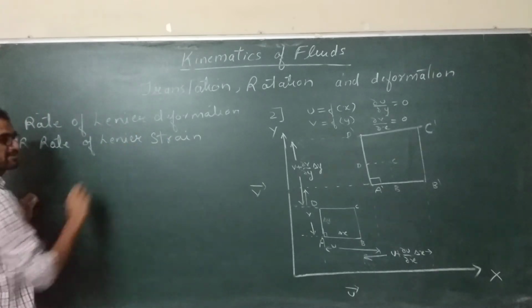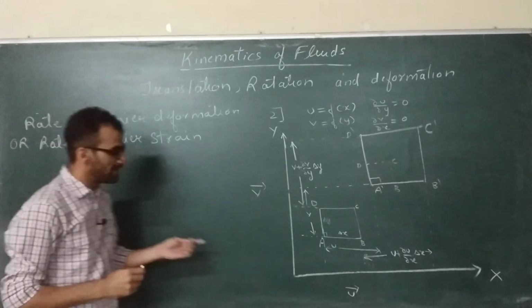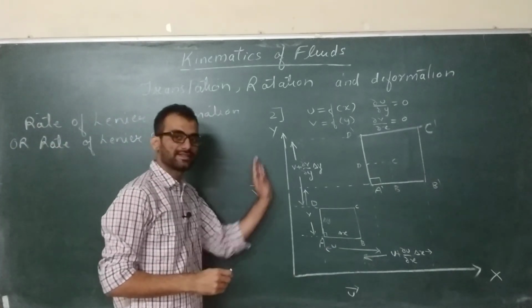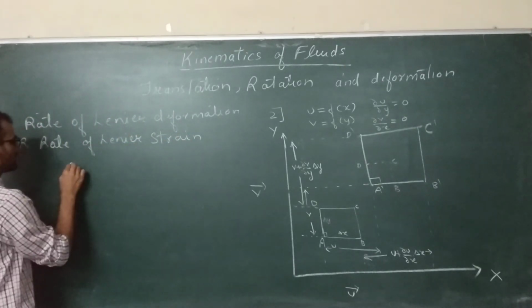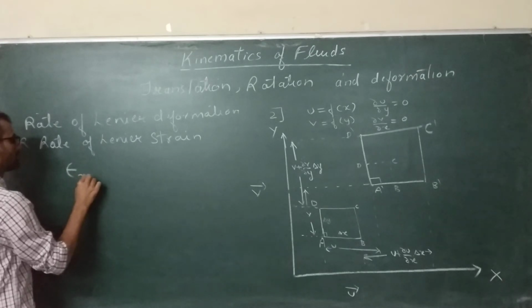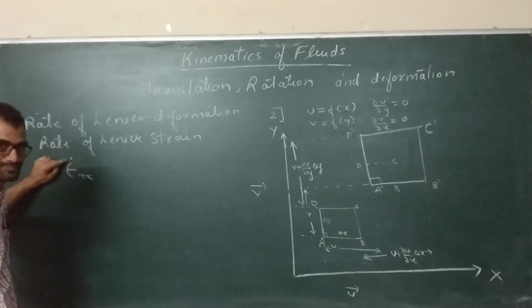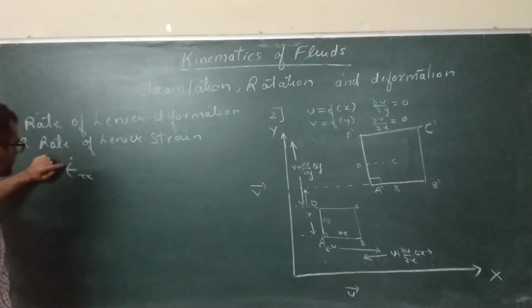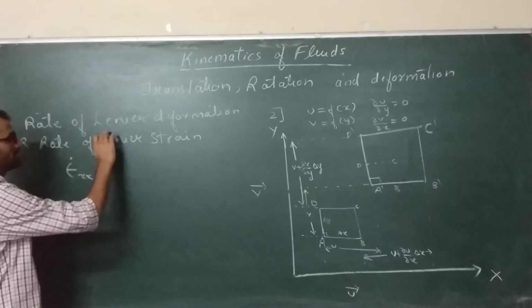Okay, rate of linear deformation or rate of linear strain. So rate of linear strain, or rate of linear deformation, can be along x axis, y axis or z axis. Okay, so rate of linear deformation along x axis is denoted by epsilon xx. Epsilon with a dot over it represents the rate of linear deformation.